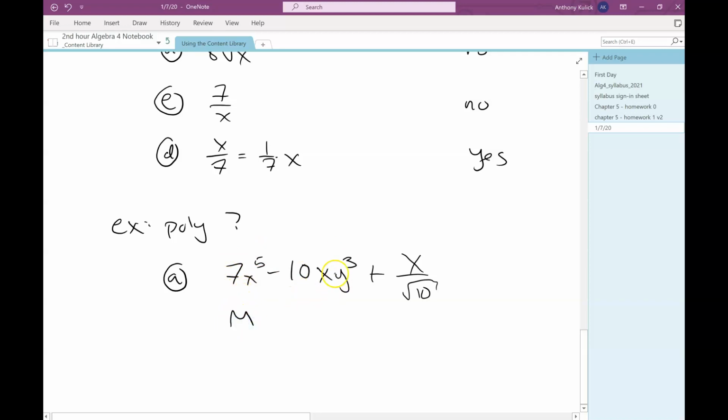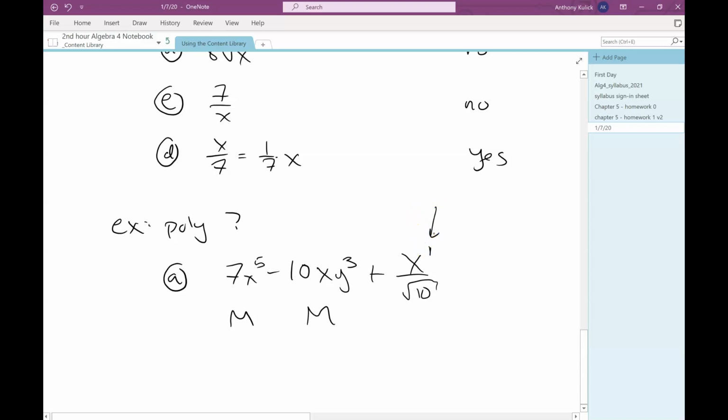And the 10 over square root of 3, is that a monomial? Yes. Again, the exponent is a non-negative whole number because the square root is only over the number, and the exponent on the variable is really just 1, right? So because they're all monomials, that thing is a polynomial. Everybody's good with that?